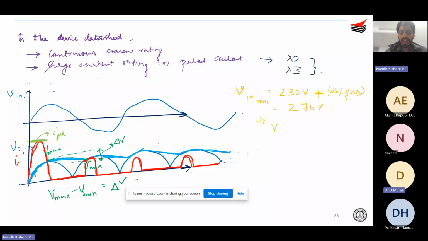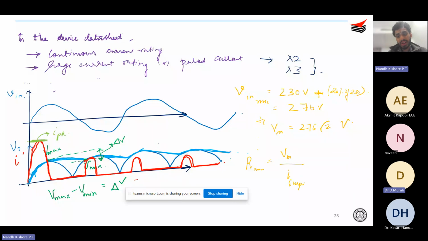Therefore, your VM will be 276 root 2. Since the input is an AC sinusoid, your VM will be 276 root 2 volts. Okay. So what will be your R? R minimum will be equal to Vm divided by I, correct?